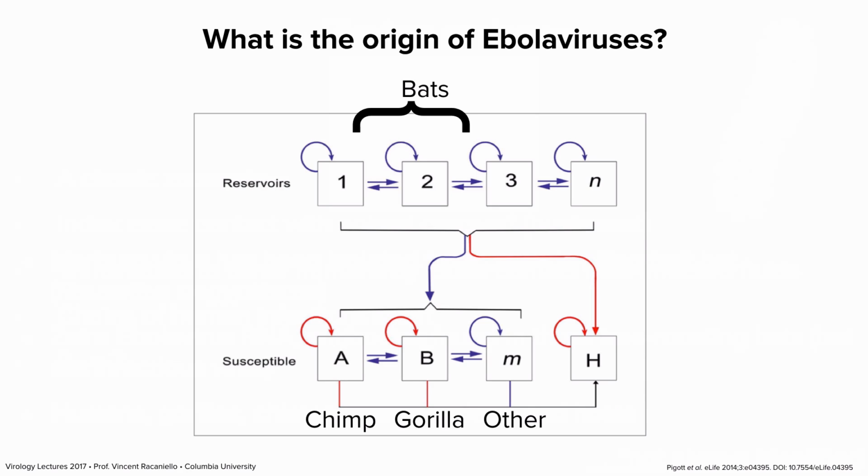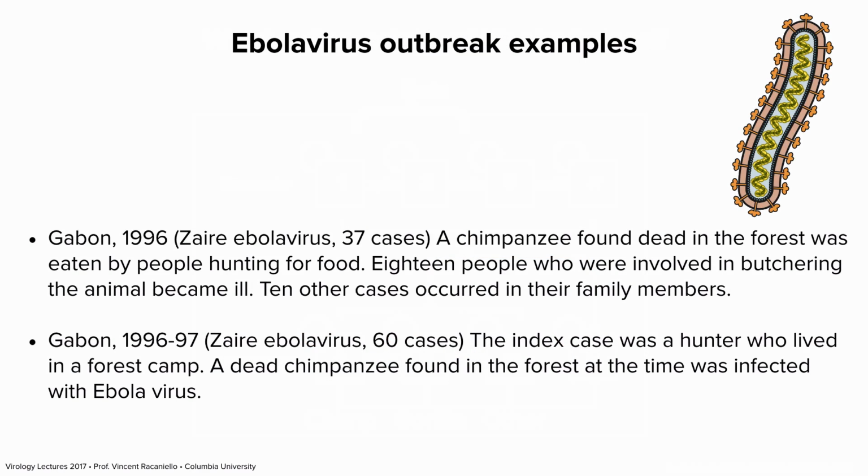So it's not an easy experiment to do. And then eventually humans get infected, maybe through direct contact with bats. People do catch bats for bushmeat, or from contact with any of these other infected animals as well. So they're dead-end hosts, classic zoonotic infection.